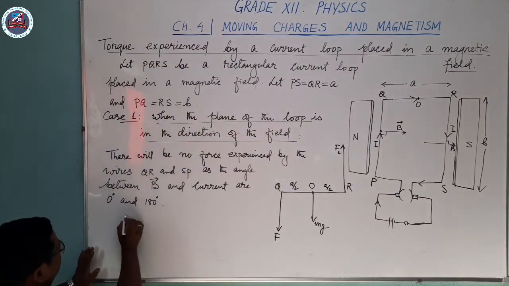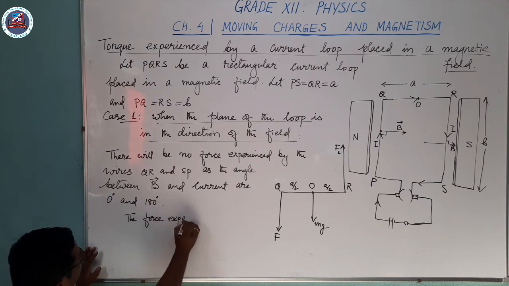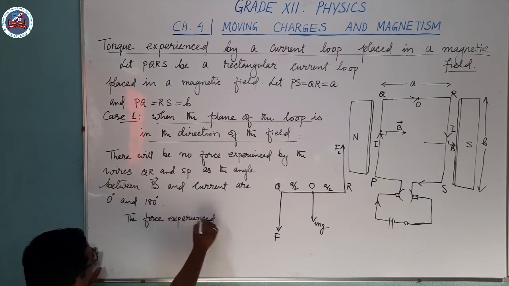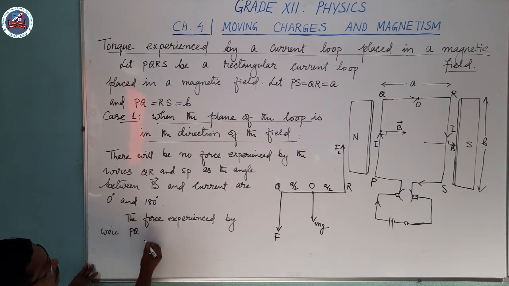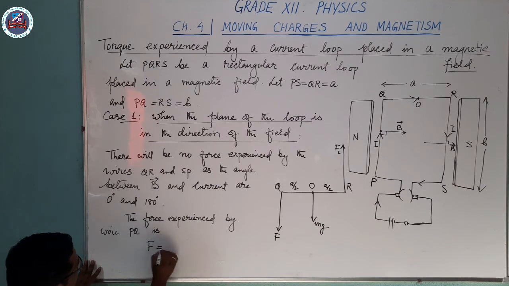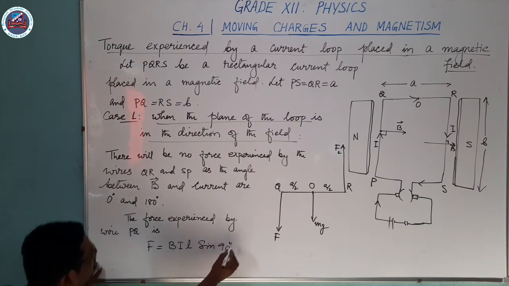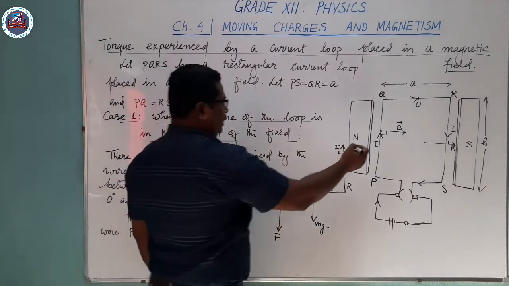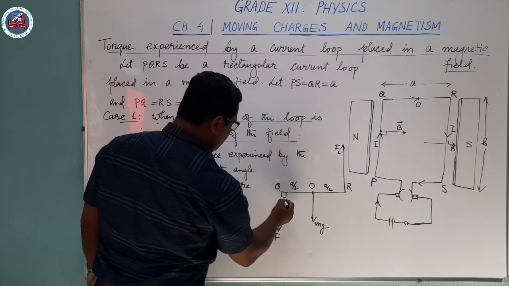The force experienced by wire PQ, first of all, from the arm PQ is F equal to BIL sine theta. Here the angle between the current direction and the magnetic field is 90 degrees.